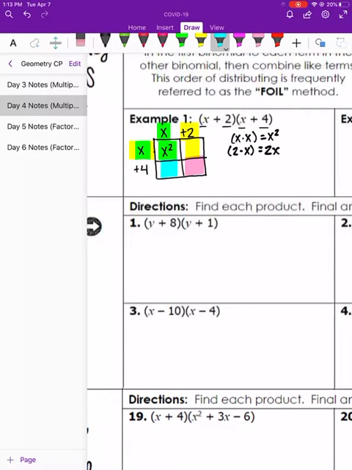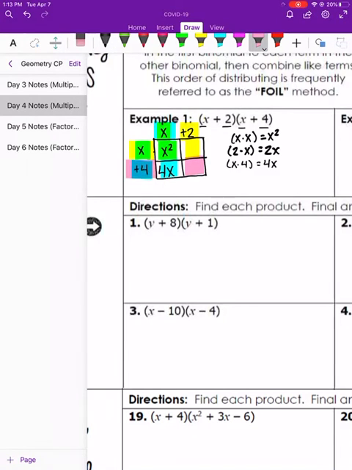Now for the blue one, I can see that this 4 goes into the blue, and if I look up above, this x goes into it. So x times 4 equals 4x. And then my last one is this pink one.